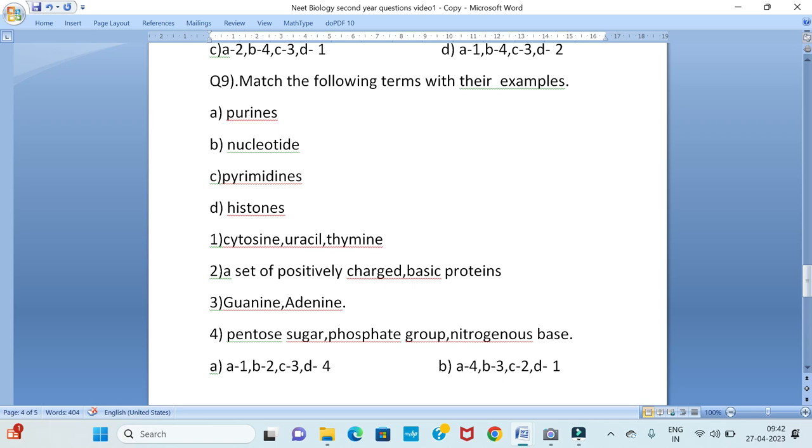Next, you take pyrimidines. Purines, pyrimidines. Pyrimidines means cytosine, uracil, thymine. So you take the first letters. The easy tip is CUT, cut. Pyrimidines, I am taking pyramids. Pyramids, how is the shape? Triangle. It looks like correctly cutting.